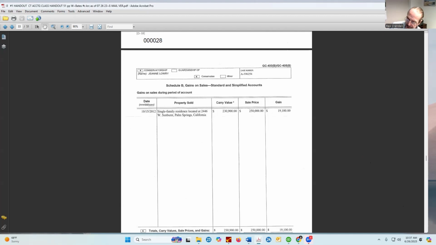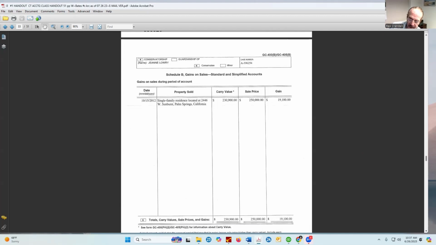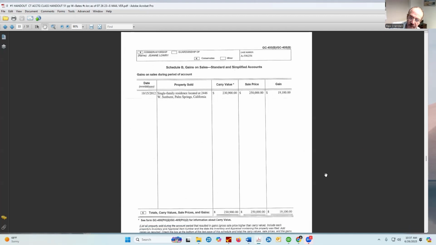And my view is no, it is not the gain, because there was probably 40,000 of closing costs, real estate broker fees, and we'll get to where those go later, but it's just the format requirement to show it at the gross capital gain rate.